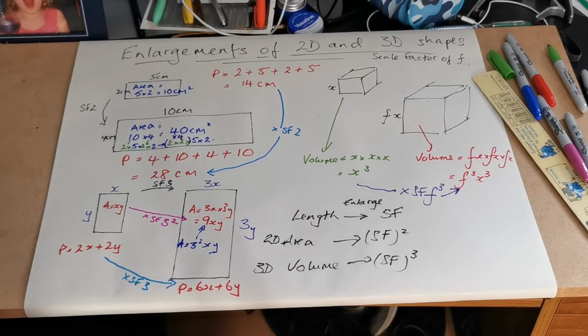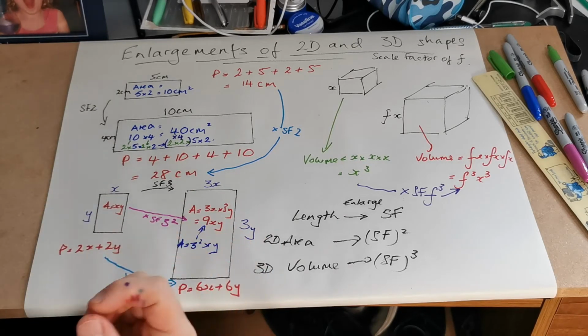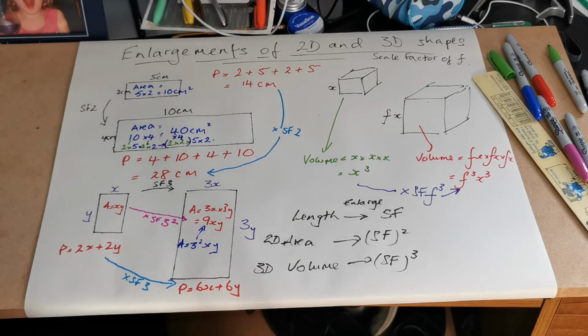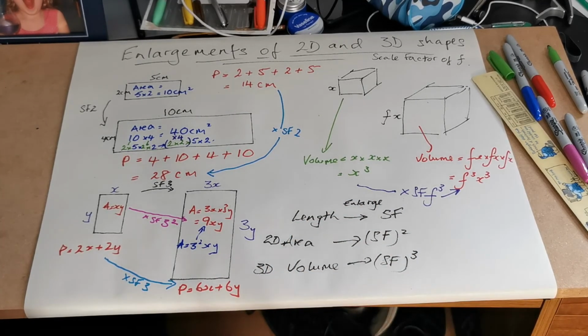So for example, if a 3D shape has a volume of 20 centimetres cubed and I enlarge it by a scale factor of 2, that would mean the volume would be enlarged by a scale factor of 2 cubed. 2 cubed is 8, so that 20 is times by 8, so the volume of the new shape would be 160 centimetres cubed.